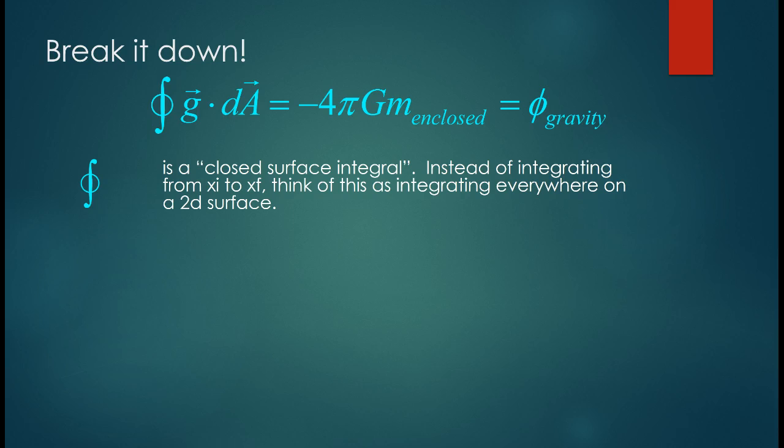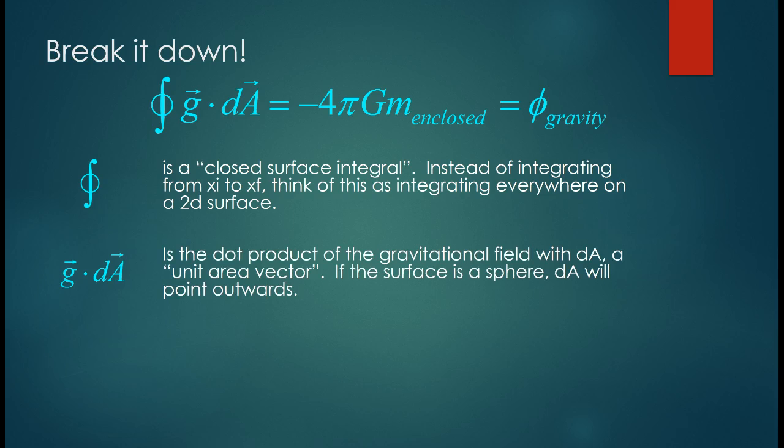So instead of integrating in a straight line, we think of this as integrating everywhere on a two-dimensional surface. G dot dA is the dot product of the gravitational field with dA, which is a unit area vector. And if the surface is a sphere, dA will point outwards. So one way to think about this is that a small part of a sphere might be like this, which has a dx and a dy.